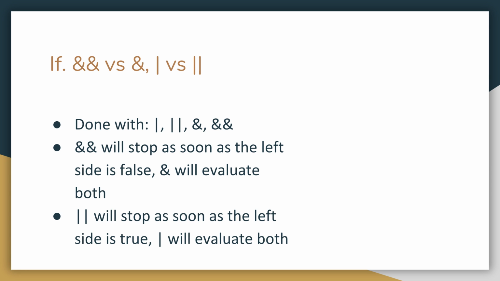True or false is still true. False or false would be false. Only them. Alright? So the difference, in other words, is that AND with one sign will evaluate both sides, even though evaluating one side would be enough. And AND with two signs will work more optimally, and it will evaluate only a single side if it is enough to determine if the whole expression will be true or false.